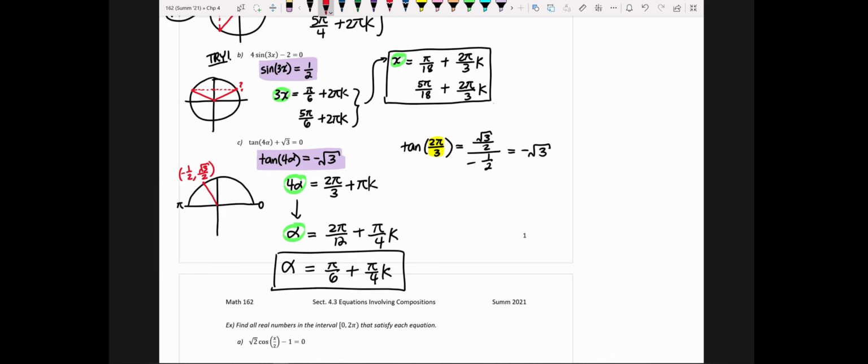We multiply both sides by 1/4 here to get alpha by itself. And then we distribute. Very good. Yes. So when you're dividing by 4, that's equivalent to multiplying by 1/4. Great.